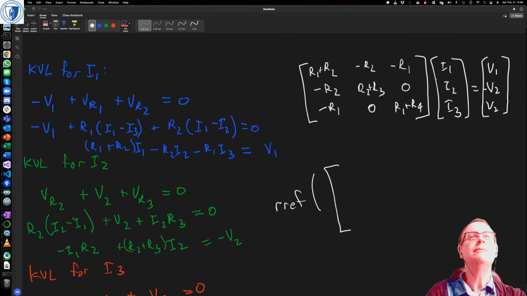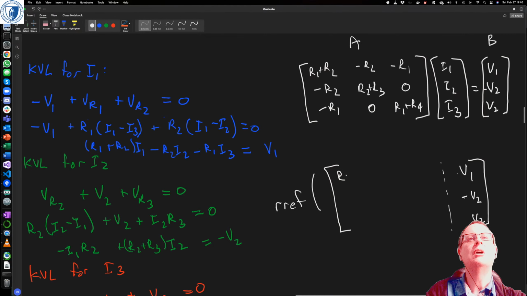That's the equation. But when you plug it into your calculators, you want to do it slightly differently, right? So you want to make an augmented matrix that combines A and B. And so B is here, and then A just gets put, sorry, that should be a 1.